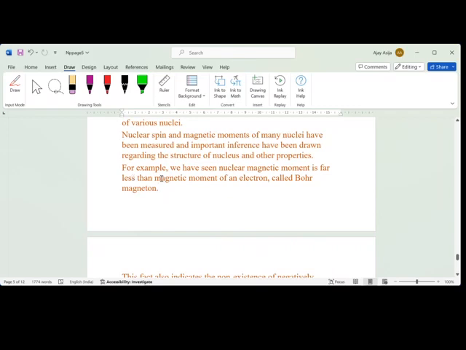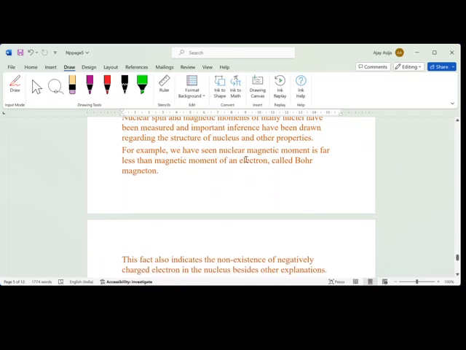How? Let us see. For example, we have seen nuclear magnetic moment is far less than the magnetic moment of an electron. The nuclear magnetic moment of one proton or nucleus is less than the magnetic moment of the electron by the factor 1834, which is the ratio of the mass of proton to the mass of electron.